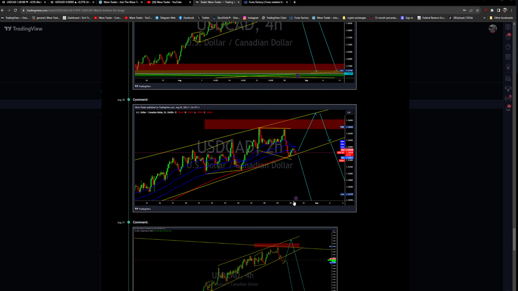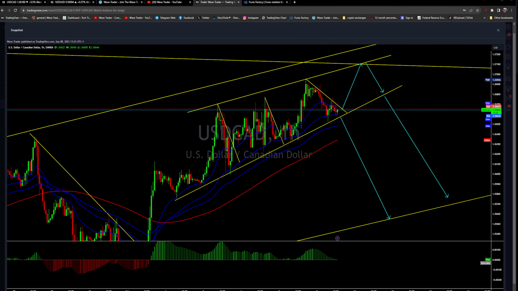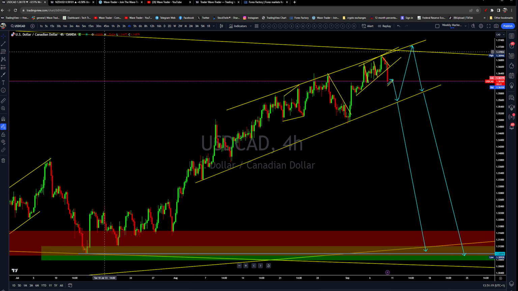Before the data was released, we were expecting it to sharply break down this correction, or give us another leg higher and then drop. A nice sharp sell-off is appearing after the data release. All right, now let's get back to this.